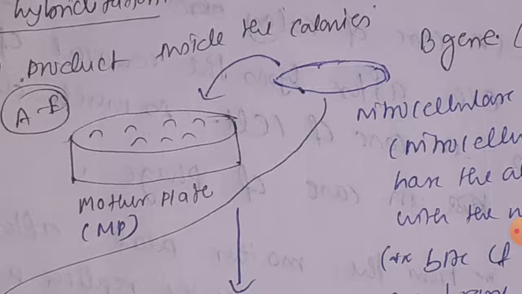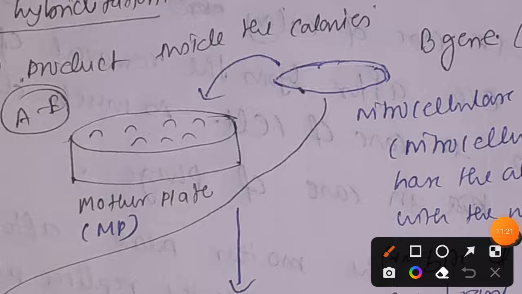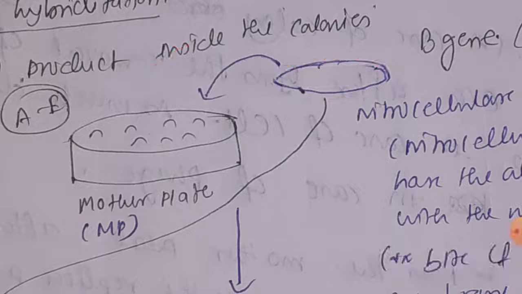Also, one thing that is very important here is that the size of that nitrocellulose membrane will be equal to the size of the plate. Okay, as a result it will cover all the colonies that are present in the plate. Okay, that is a very important thing that you have to keep in your mind.